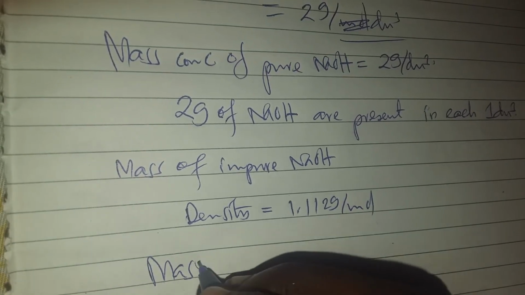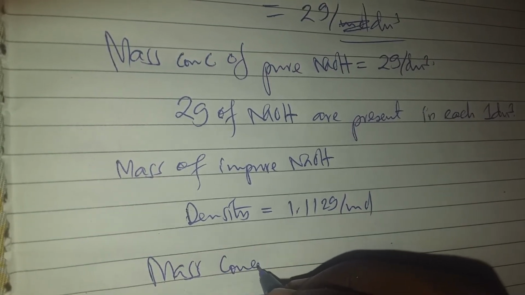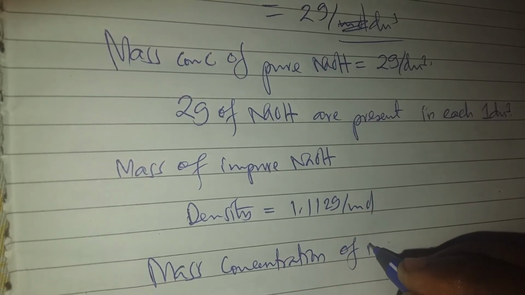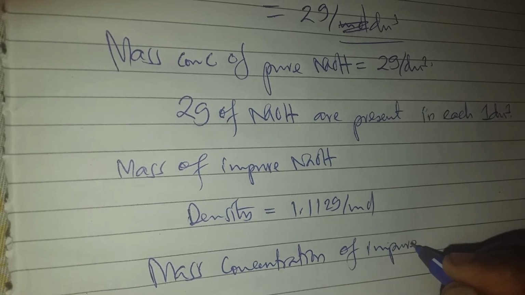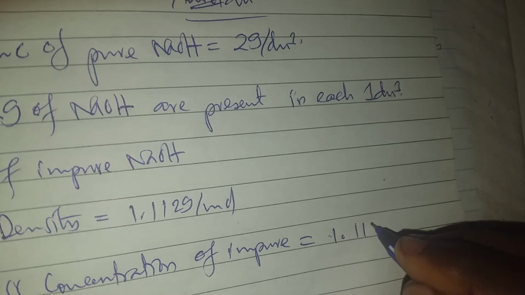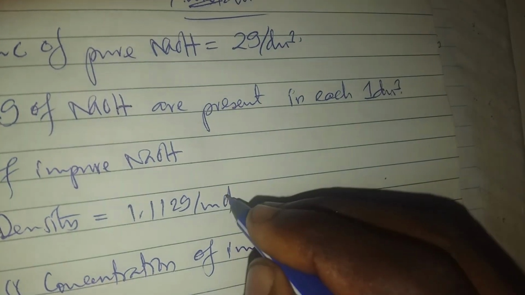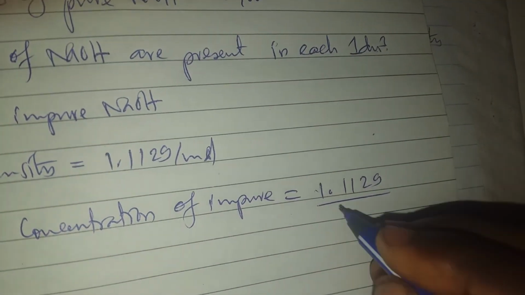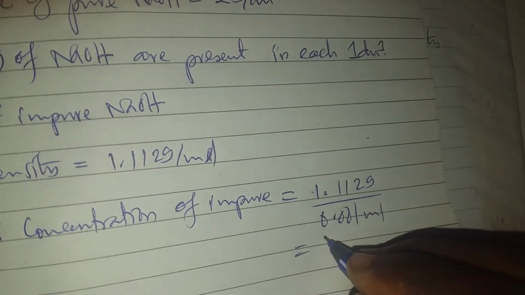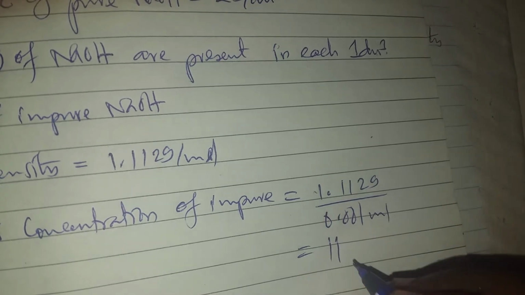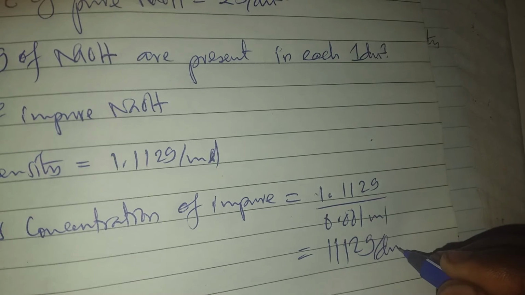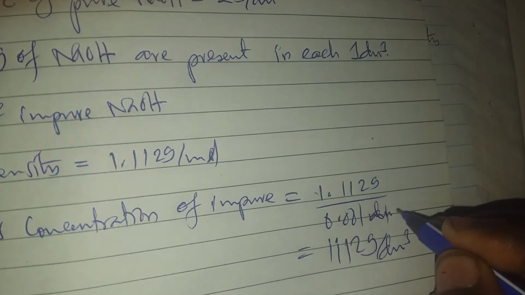So from there, the mass concentration of impure will be 1.112 gram. This is not mole, it is mil. Per 0.001 dm cube, so it is 1112 gram per dm cube. This is dm cube.